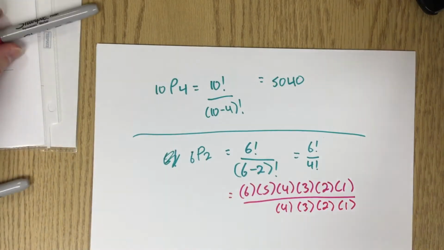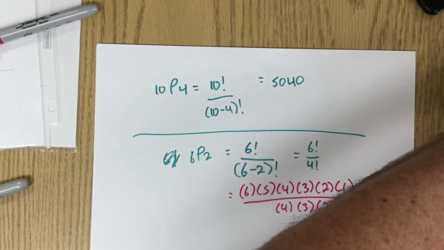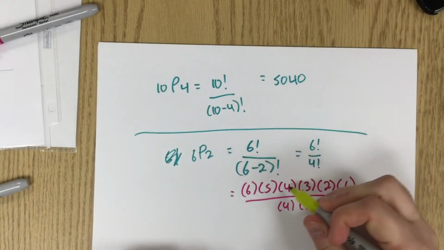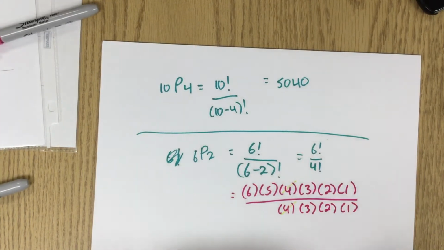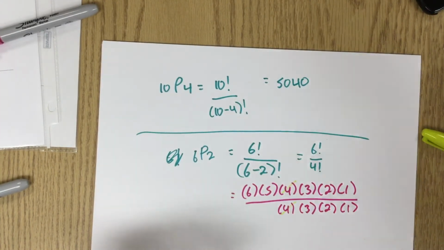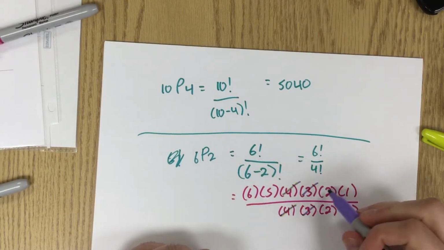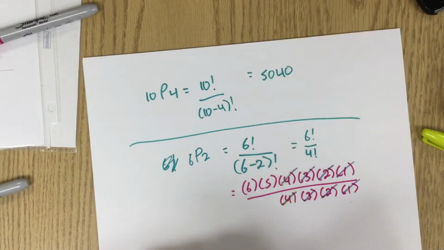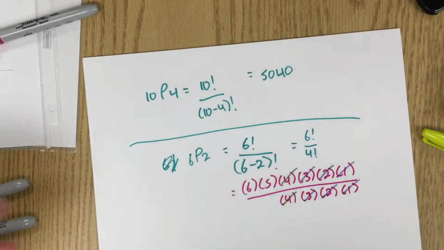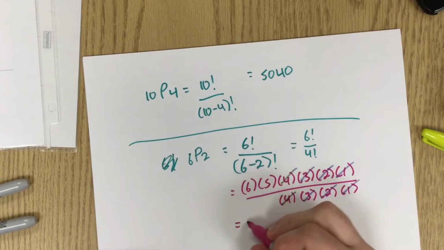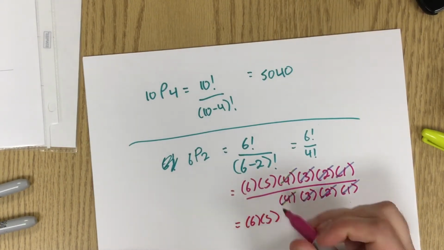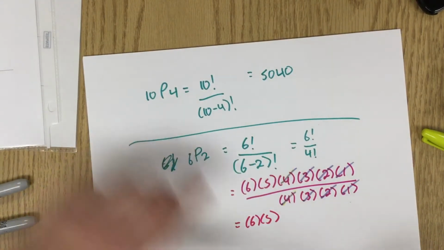If we look at that, we can see that some things cancel. The 4's cancel, the 3's cancel, the 2's cancel, and the 1's cancel. All we're left with is 6 times 5, which is 30. So 6 pick 2 is 6 times 5.